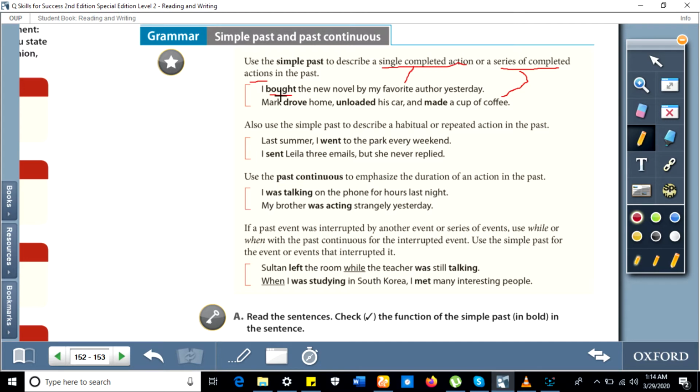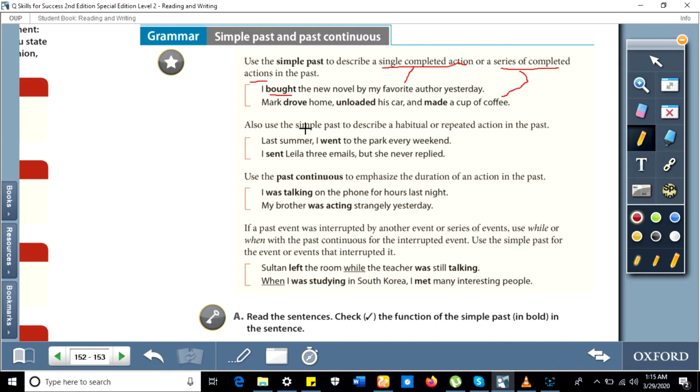Same here, Mark drove. Drove is the V2, or we can say the past form of the verb drive. Drive, drove. And here unload and unloaded. This is the past form of make, made. Right. So that's how you make the simple past, by using the past form of the verb.